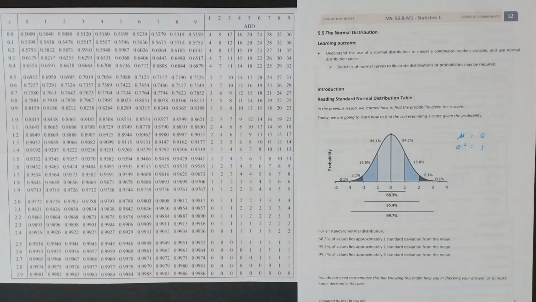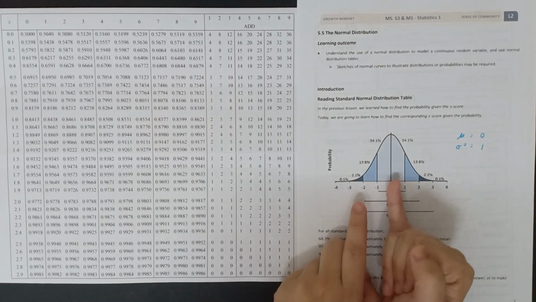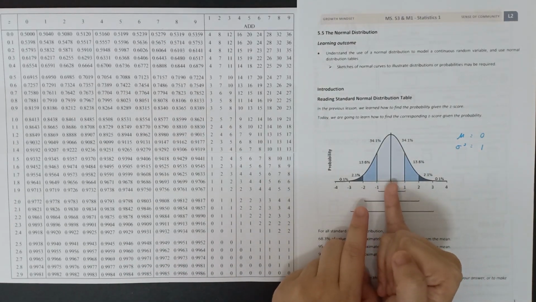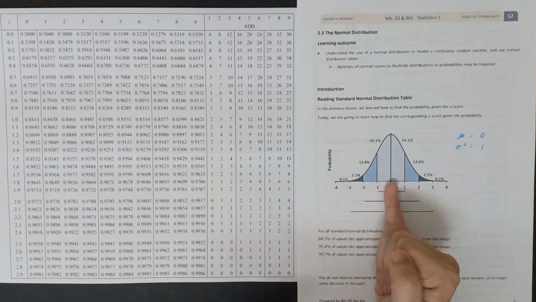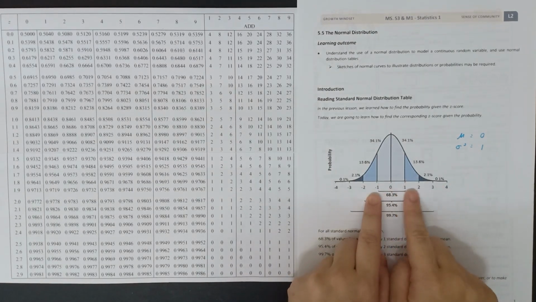If we talk about a normal distribution, for example the height example that I used in the previous class, if this is 155 cm, then one standard deviation might be 145 here and 165 here.